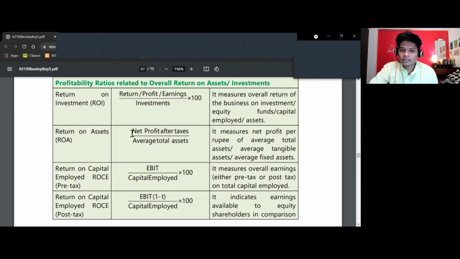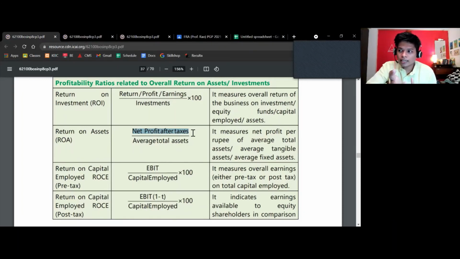Return on net assets talks about net profit after taxes, because your assets are funded by both your shareholders' fund and debt fund, so I'll take the net profit available after paying interest.